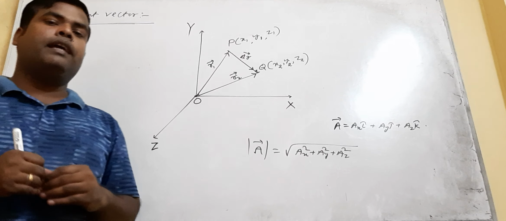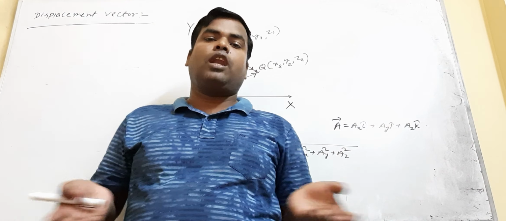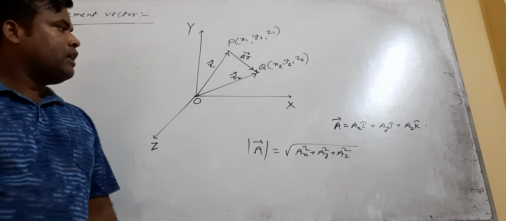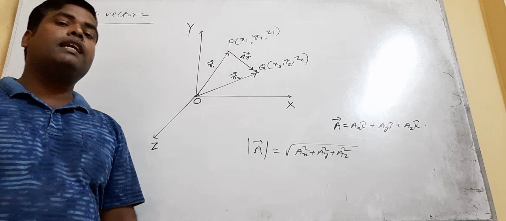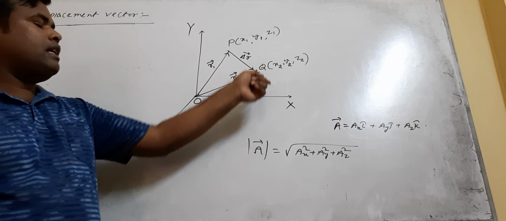Now apply the triangle law of vector addition. The vector that is in the opposite order will be the resultant vector of the remaining two which are in the same order.